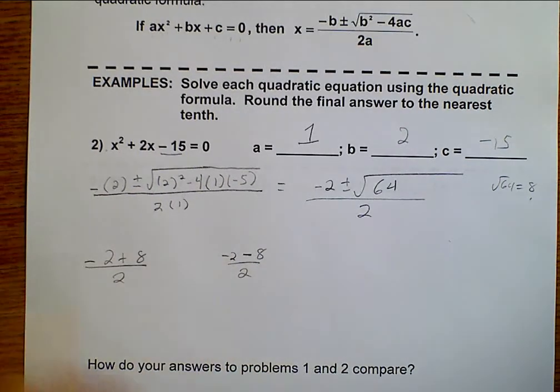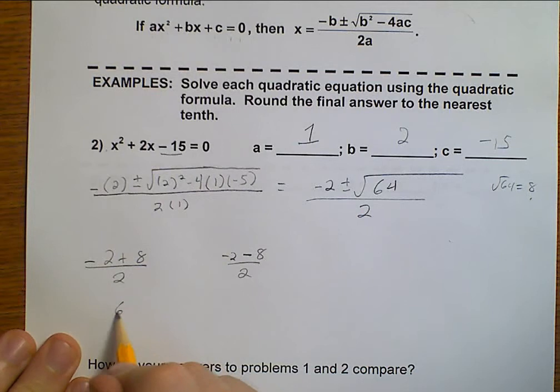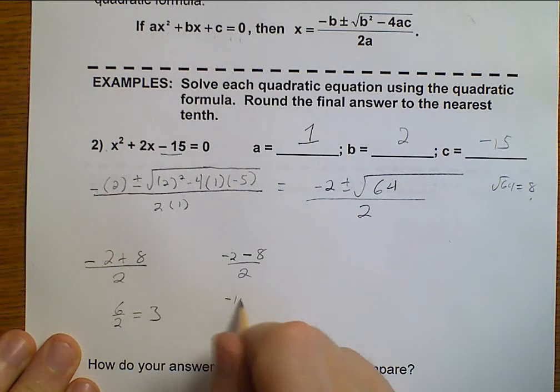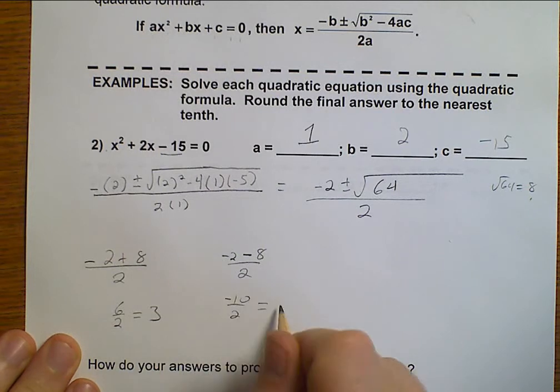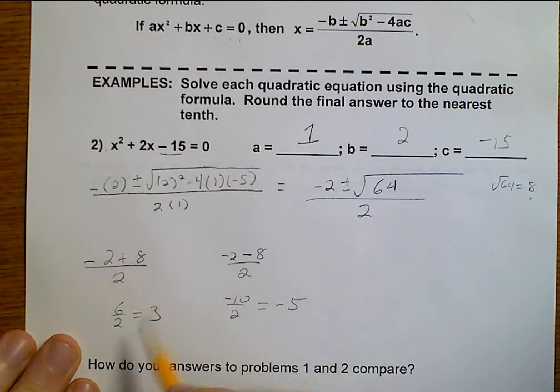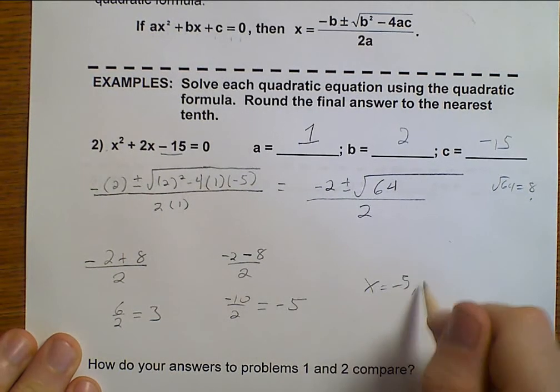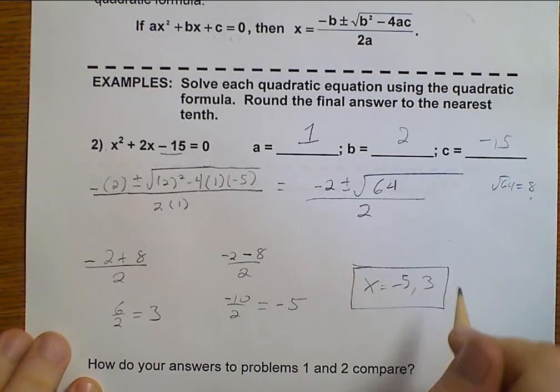So now negative 2 plus 8 would be 6 over 2, which equals 3. And negative 2 minus 8 would be negative 10 over 2, which is negative 5. And so I get x equals negative 5 and 3.